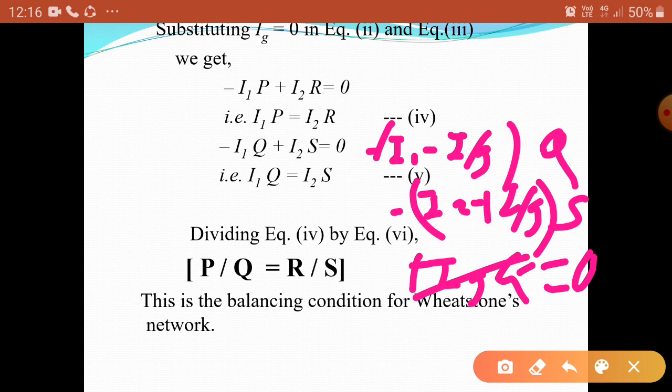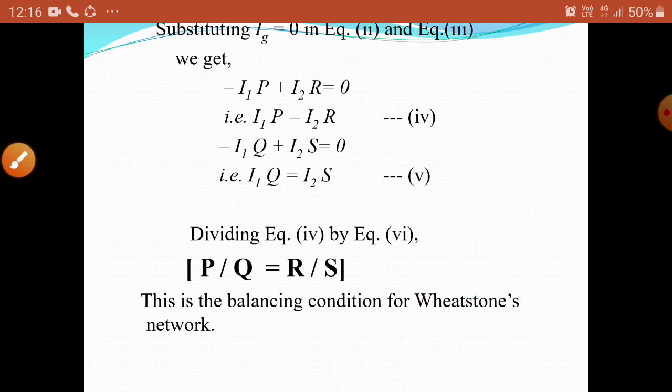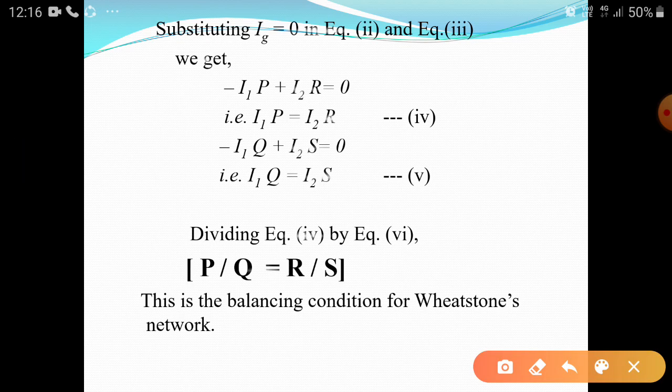Here also Ig is equal to 0. That's why we can represent here minus I1Q plus I2S. That's why we get the equation in this way: minus I1Q plus I2S, that is nothing but I1Q is equal to I2S.